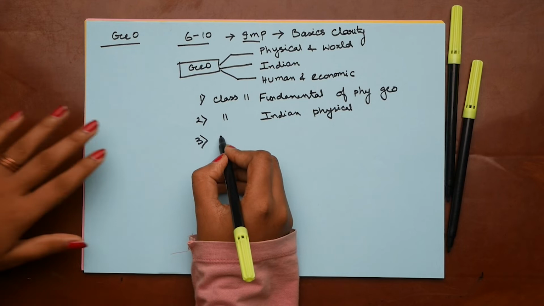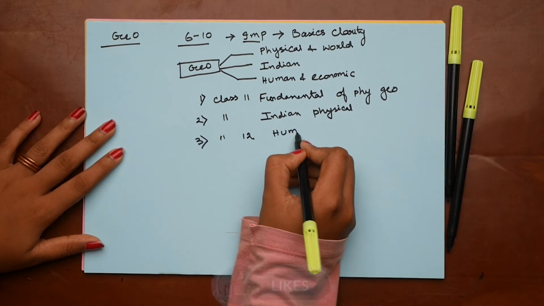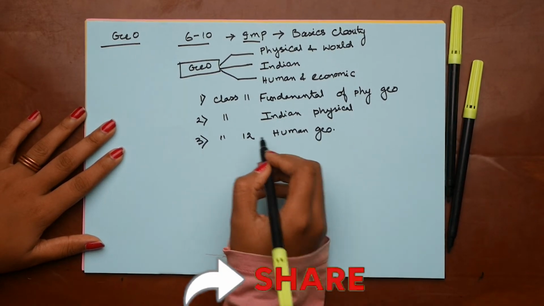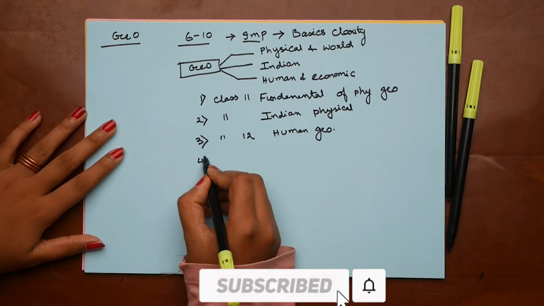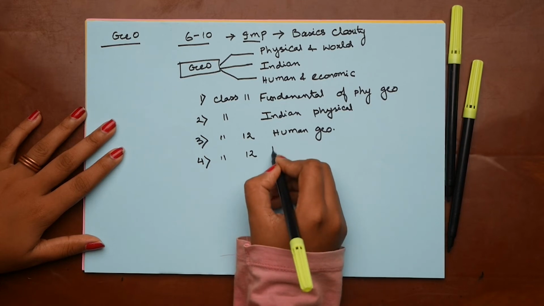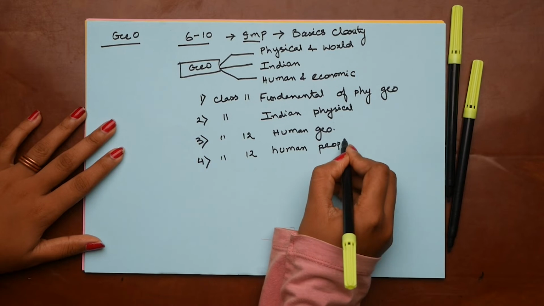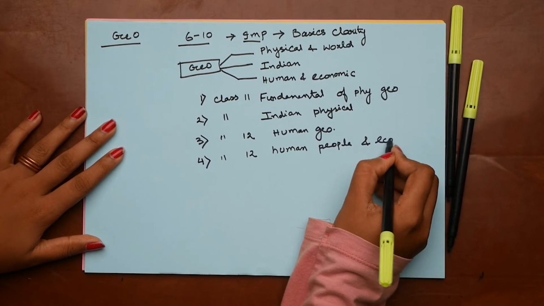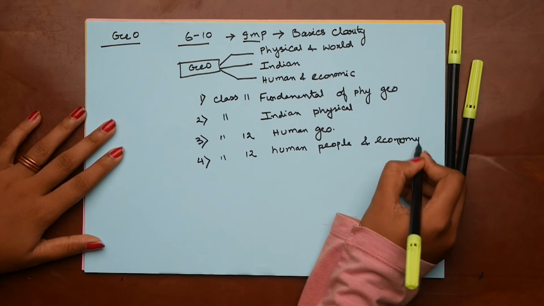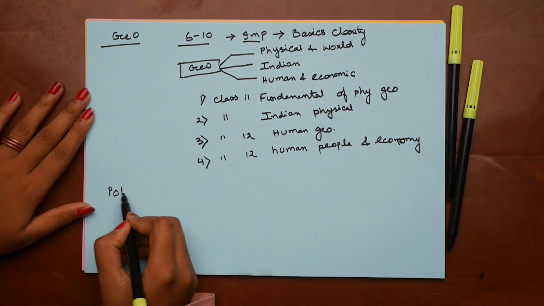Next is class 12, Fundamentals of Human Geography. And the last book, that is class 12, India: People and Economy. That will suffice your geography section. Let's now move to polity.